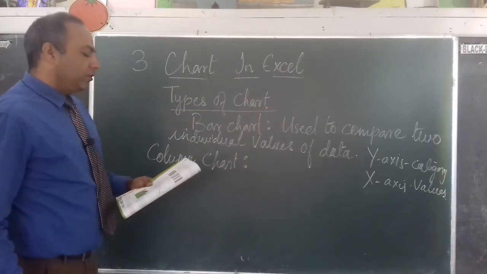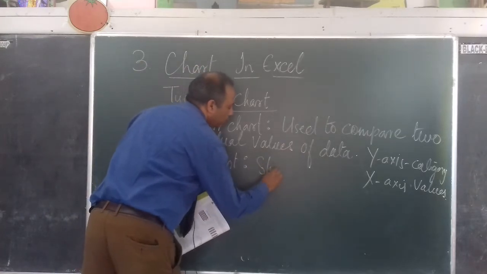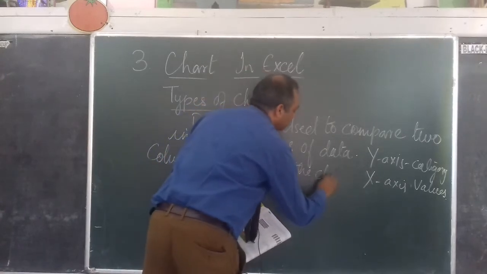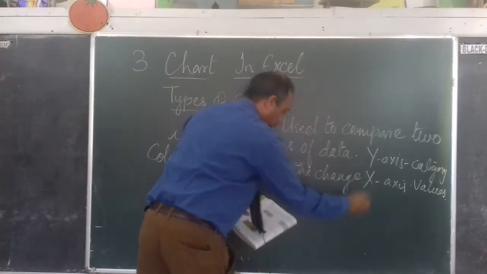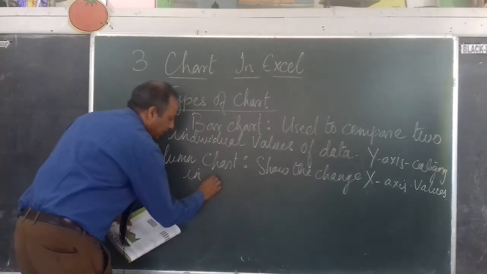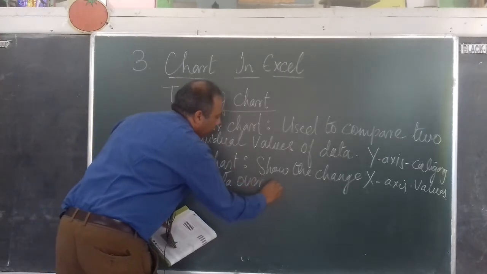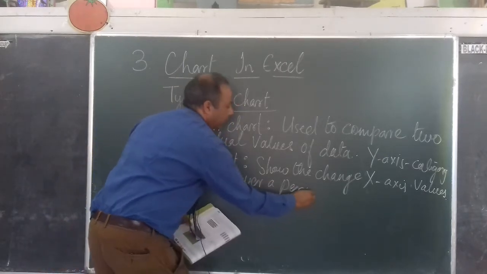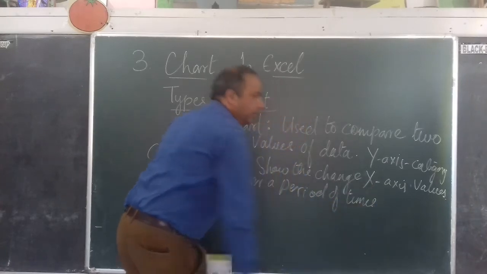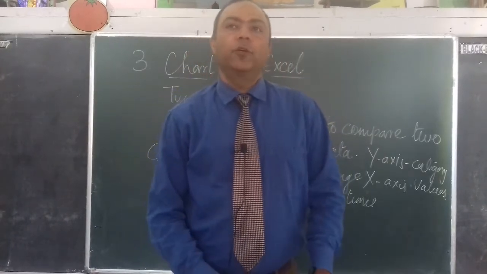A column chart is used to show the change in data over a period of time.